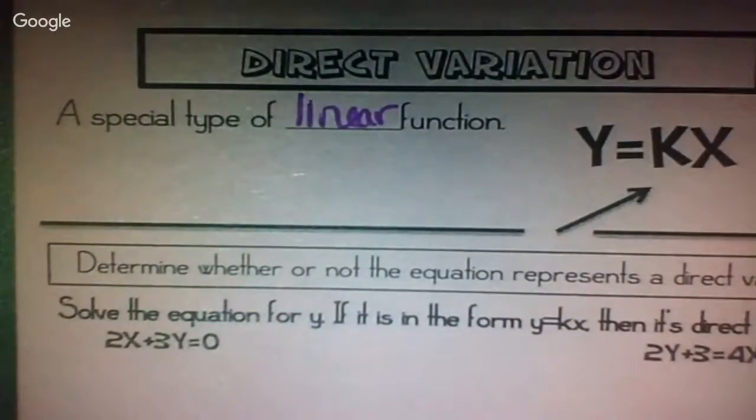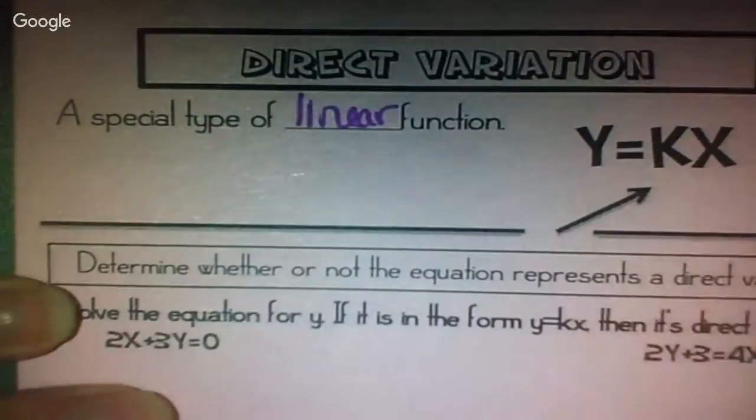If you graph direct variation, it would be a line. Your equation for direct variation is y equals k times x. K is called your constant of variation.